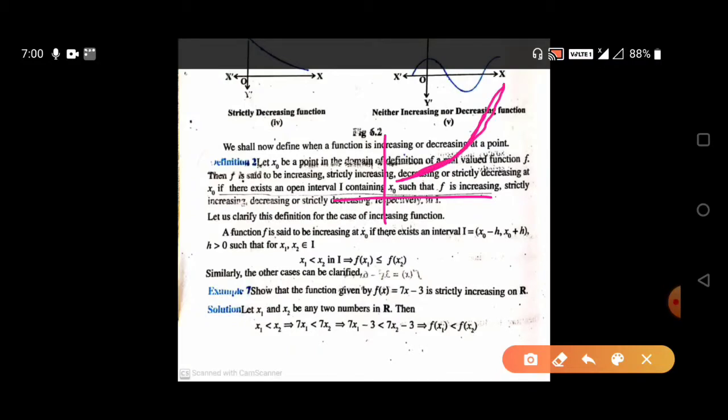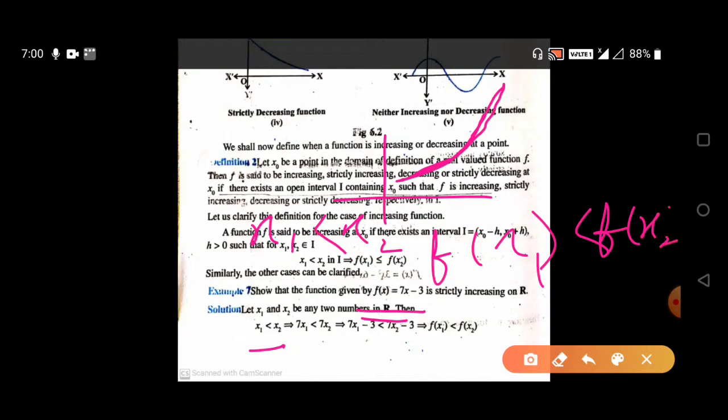For that, by definition 1, let x1 and x2 be any two numbers in R. Then we will consider x1 less than x2 and try to show that f of x1 is less than f of x2. Because it is strictly increasing, here we will not give the equal sign.